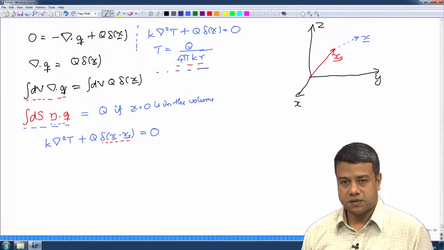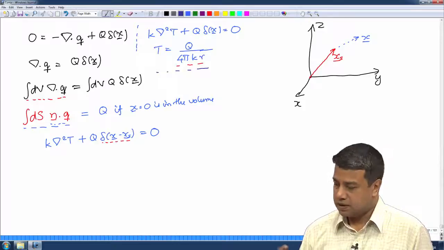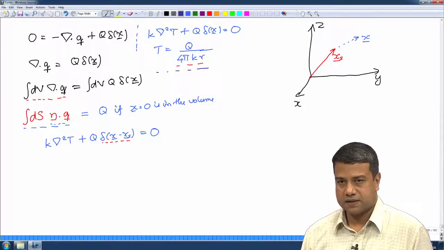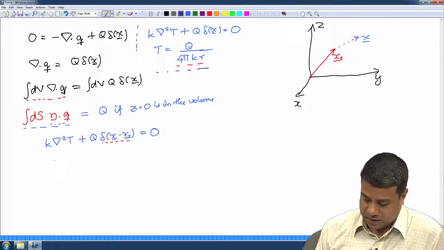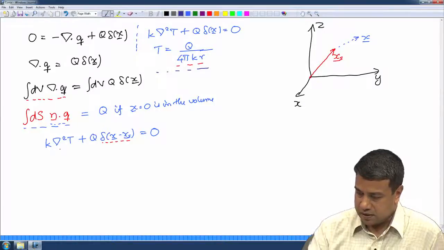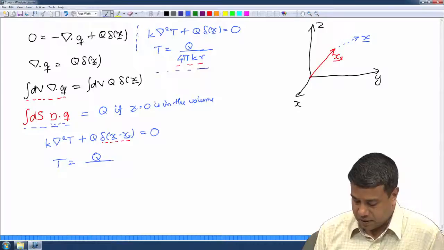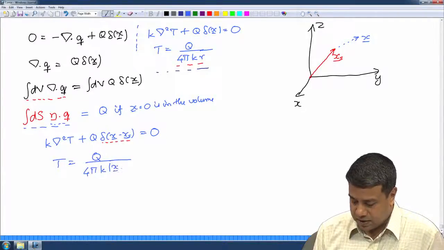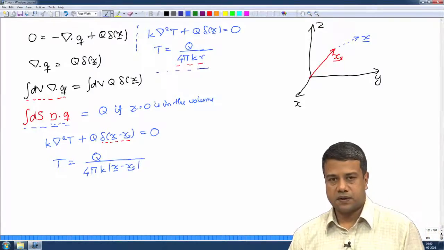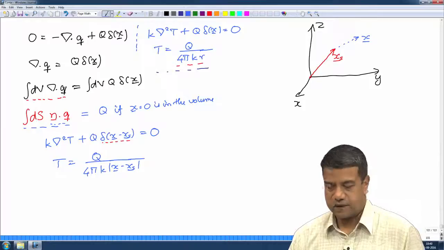In this case, the source point is at some other location x s. Therefore, the temperature solution is going to be of the form T is equal to q by 4 pi k into the distance x minus x s. So, that is going to be the temperature field.